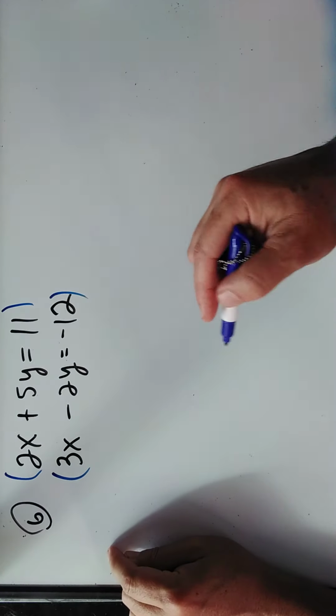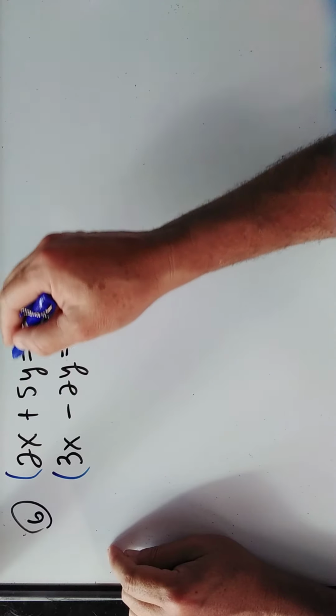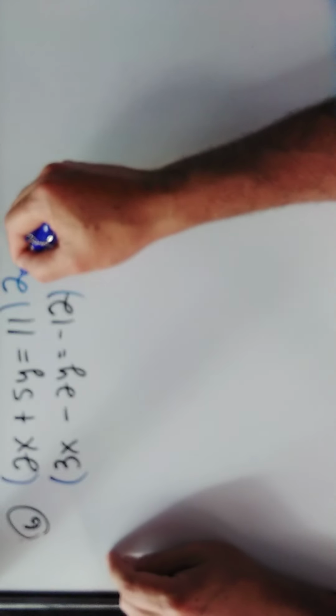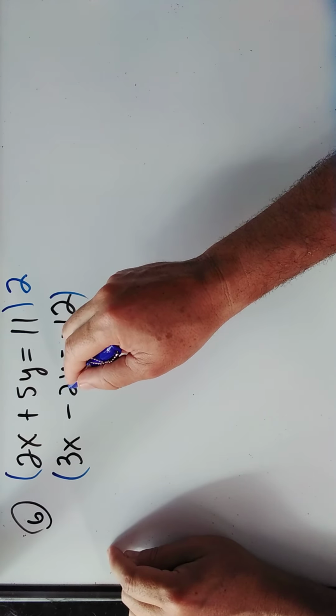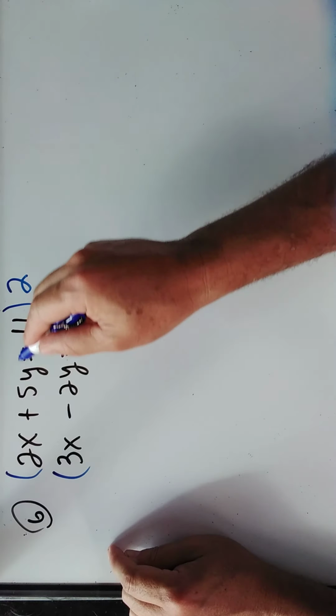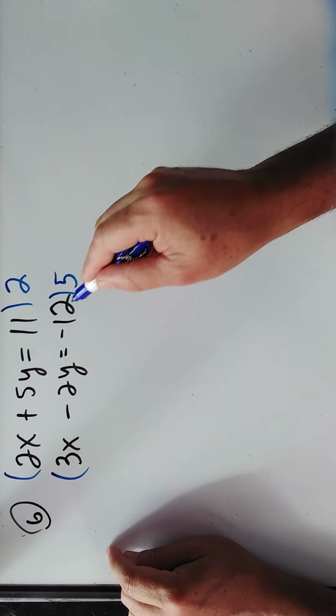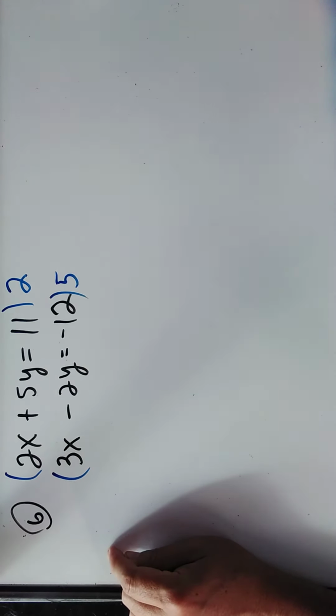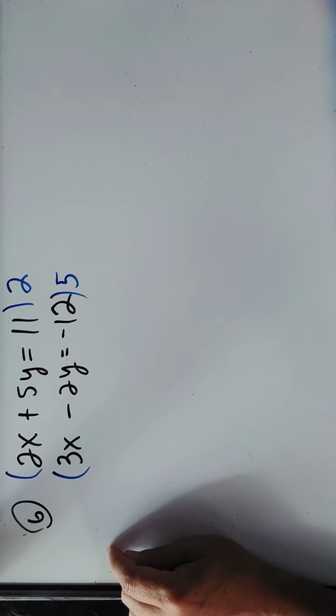Like for instance, the least common multiple for 5 and 2 is 10. So to get this to 10, you multiply by 2. So multiply the whole equation by 2. And to make this a 10, you multiply by 5. So multiply the whole equation by 5. See, that's gonna give you positive 10, and that's gonna give you a negative 10. Okay, so that's what I'm doing then.